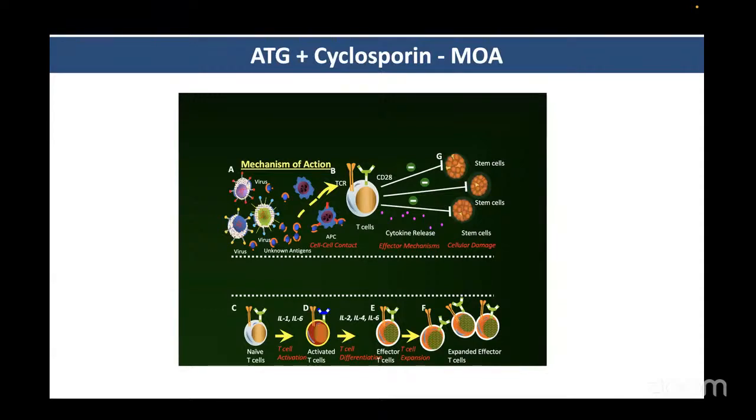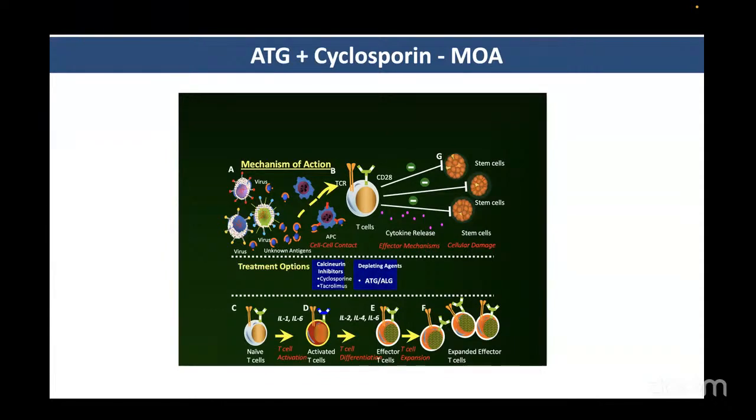And so the mechanism of ATG and cyclosporin. ATG, the mechanism we all know, is anti-thymocyte globulin, IgG-mediated destruction of the T cells, and cyclosporin is an mTOR inhibitor, thereby reducing the expansion and differentiation of the cytotoxic T cells, thereby reducing the damage and protecting stem cells from the cytokine storm in the bone marrow.